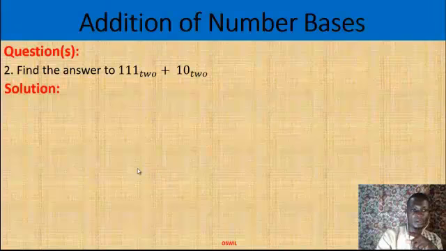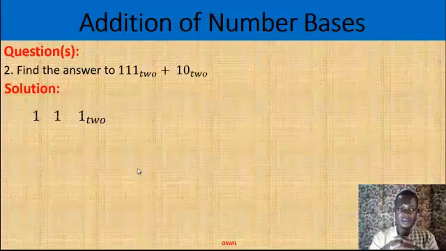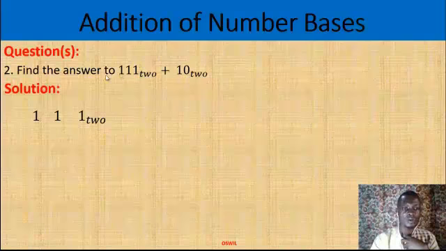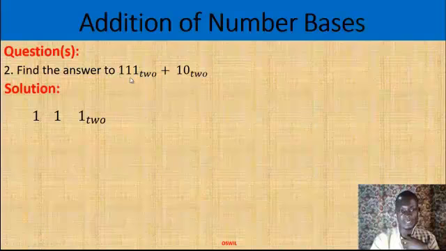So, the first thing is to write the first numeral, which is 111 base 2, and that is written. 10 base 2 has only 2 digits. It's not like the 111 base 2, which has 3 digits.